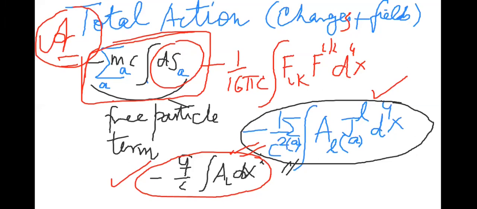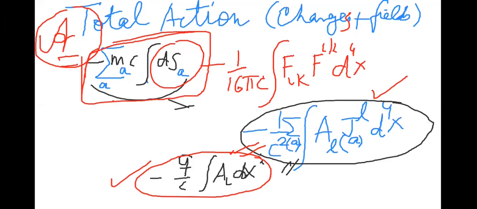Also, this expression can be written in a simpler way, that is, minus m c square times the square root of 1 minus v square by c square.